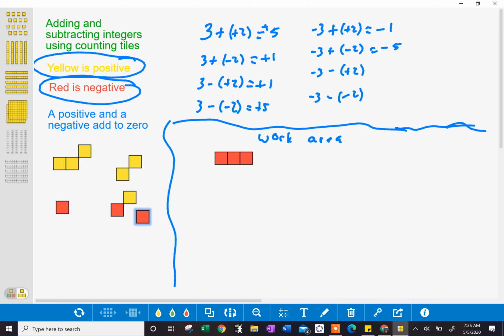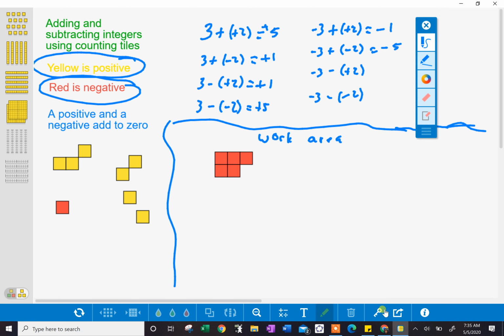Put these back. If I start with 3 negatives, which I have, and I'm going to take away 2 positives, well, I can't take away 2 positives because I don't have any positives here. I just have 3 negatives. So what's the opposite of taking away 2 positives? How about adding 2 negatives?